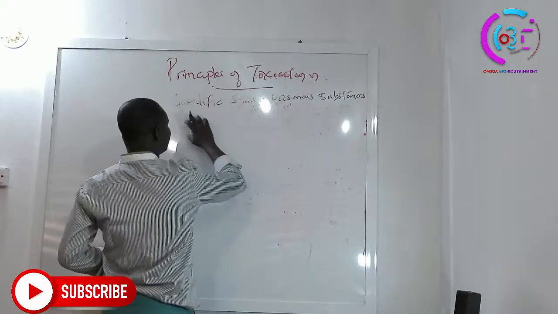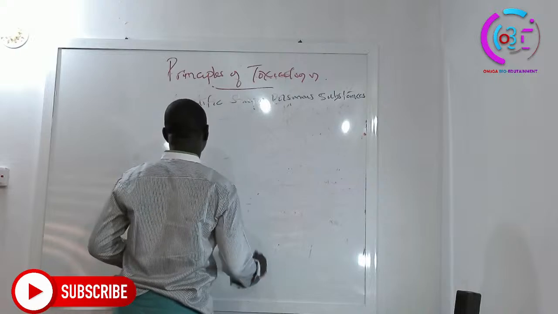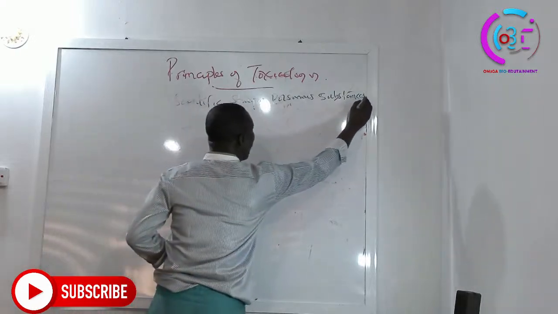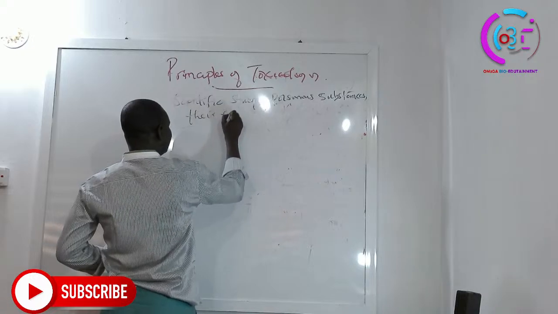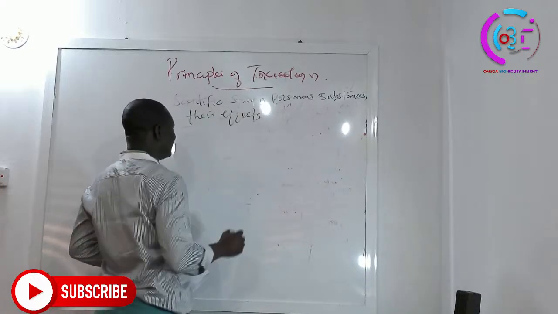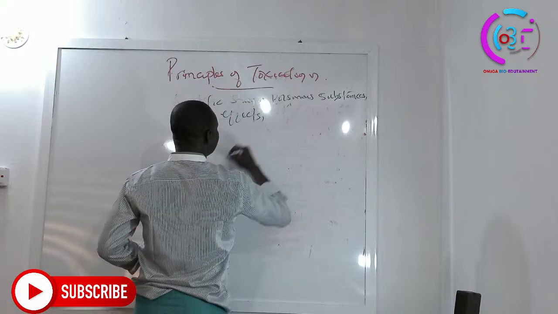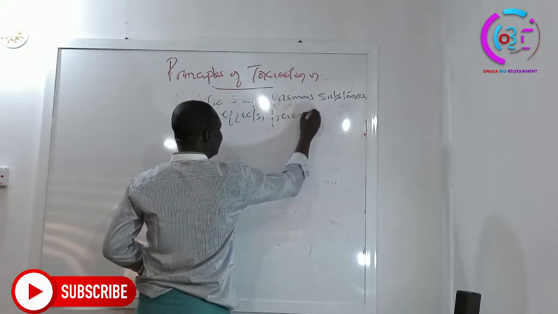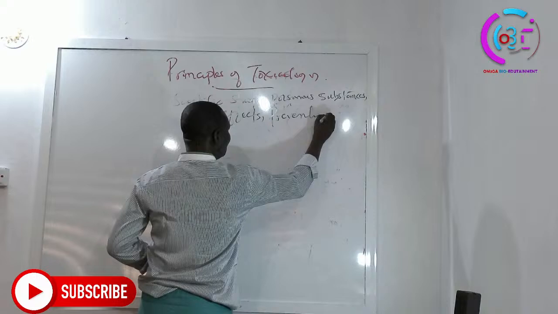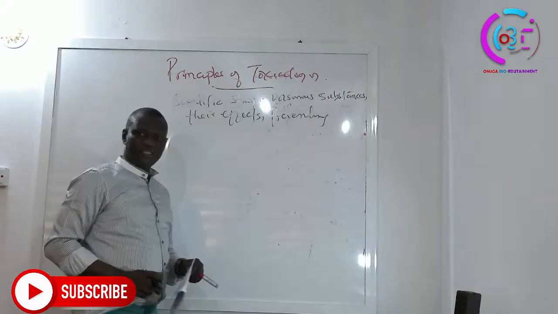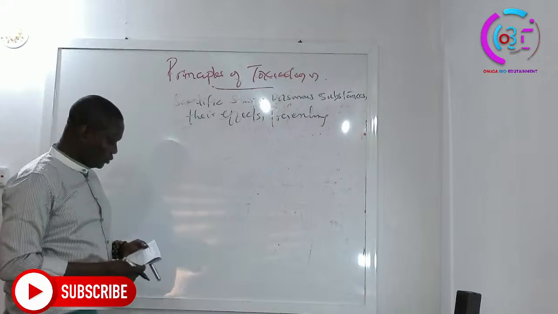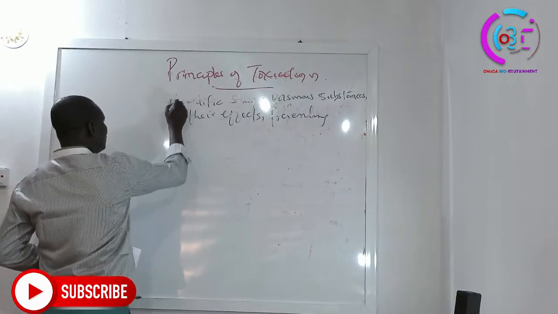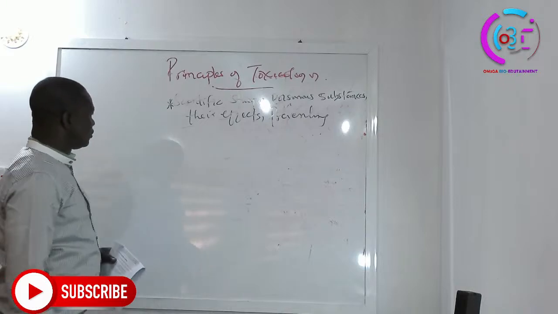So it is the scientific study of poisonous substances, studying their effects, and also ways of preventing these effects on the human body. So that is another way of defining toxicology.